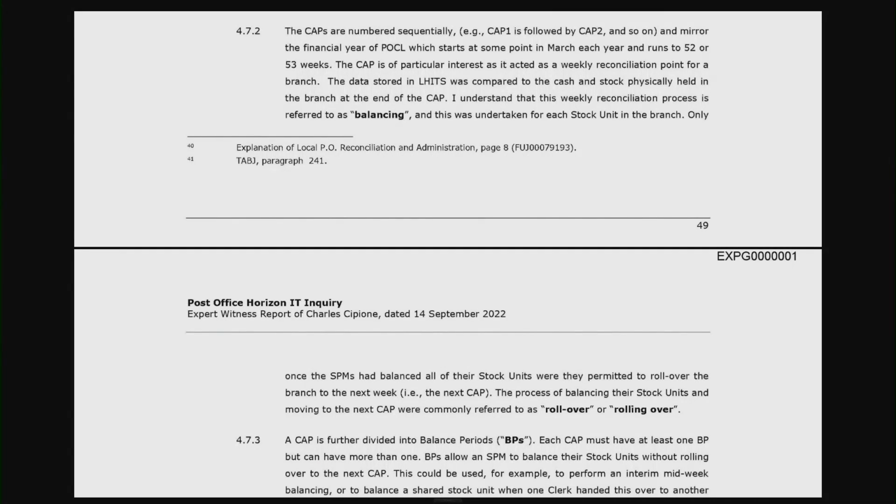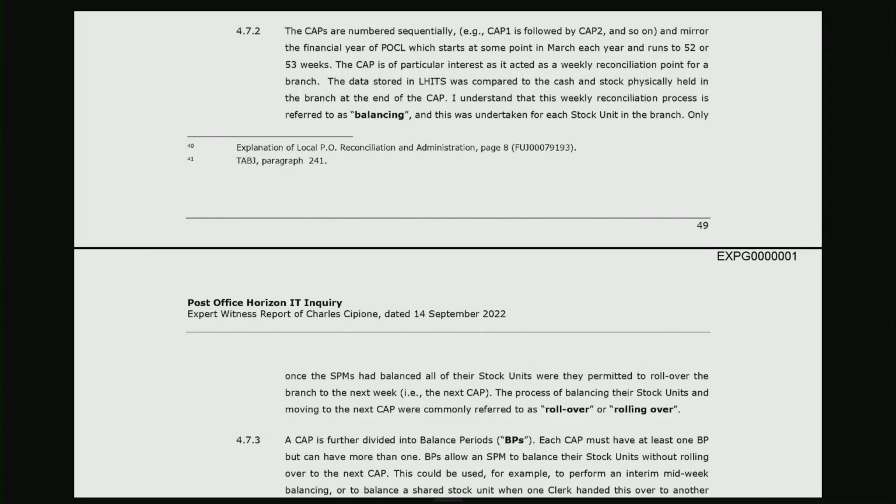Only once sub-postmasters had balanced all of their stock units were they permitted to roll over the branch until the next cash accounting period. Yes. And that process of balancing the stock units and moving to the next cash accounting period was commonly referred to as rolling over or a rollover.